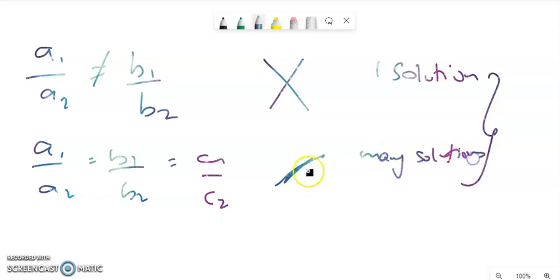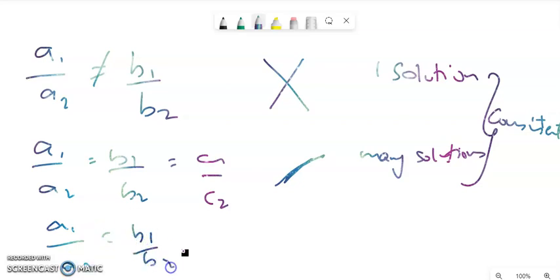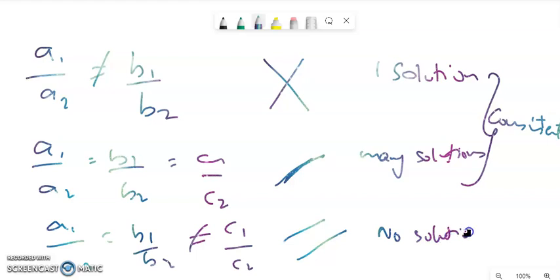Each point, wherever it overlaps, is a solution. In both these cases, we call it consistent. And the last one is a1 by a2 equal to b1 by b2 and not equal to c1 by c2. We get parallel lines and no solution. It is inconsistent.